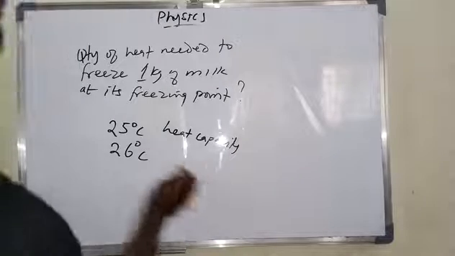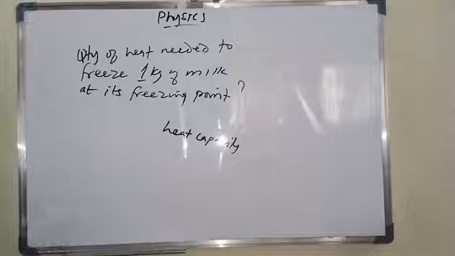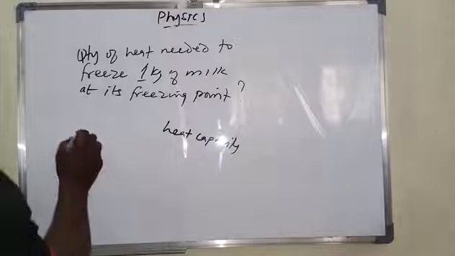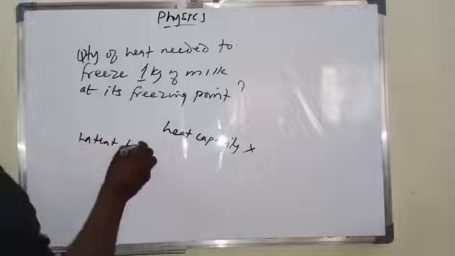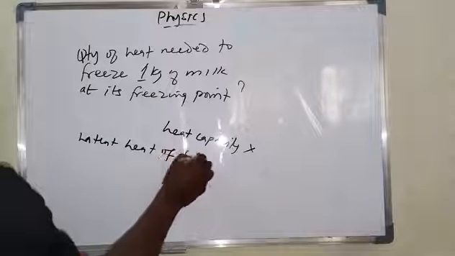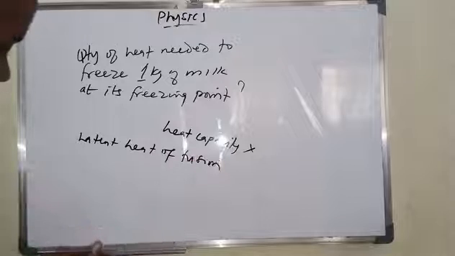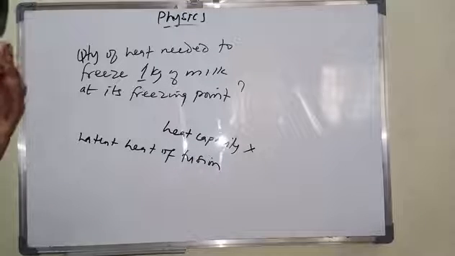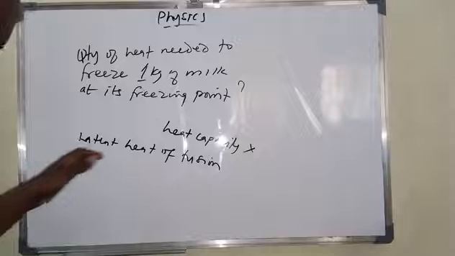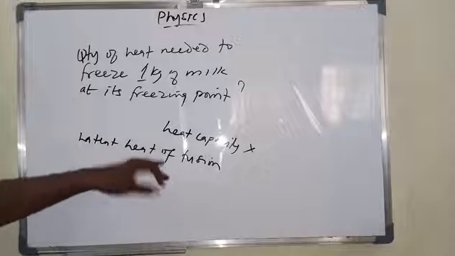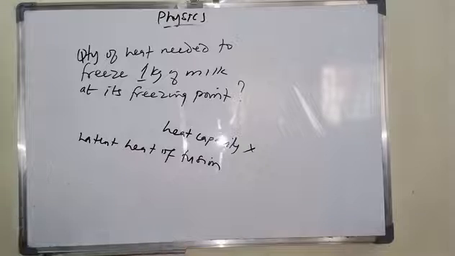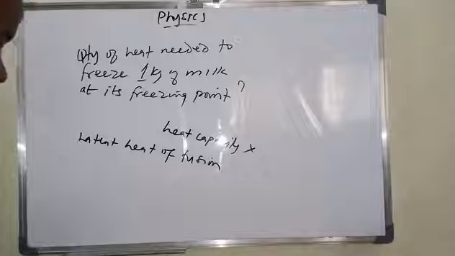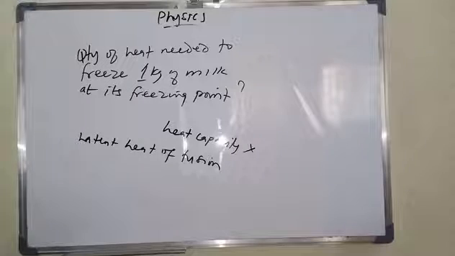Then B is latent heat of fusion. So let's see what latent heat of fusion is about. I think we mentioned this in one of the previous examples. Latent heat of fusion generally is the heat required to melt. Fusion has to do with melting. You understand? When we say freezing, is it actually melting?